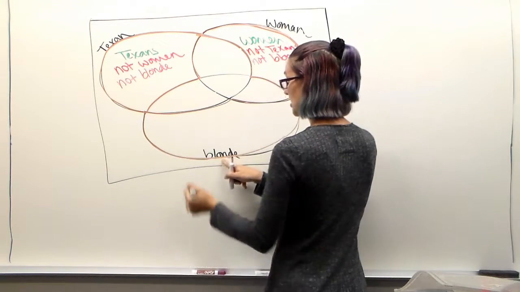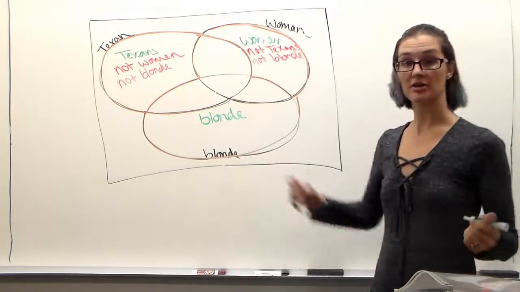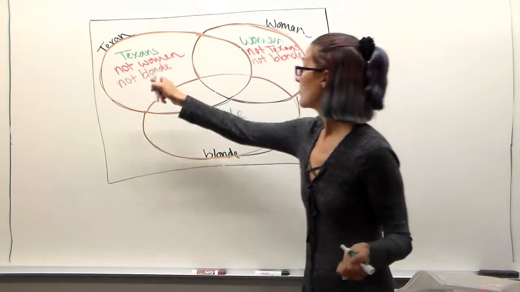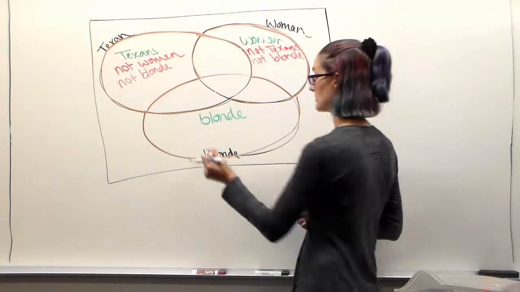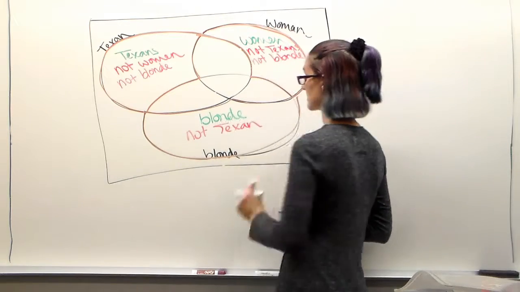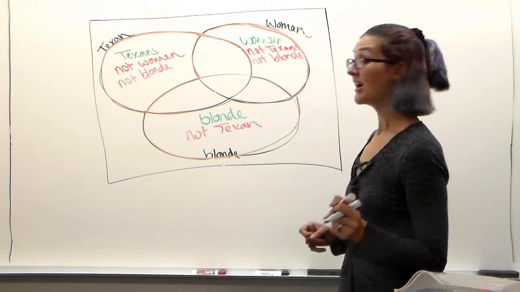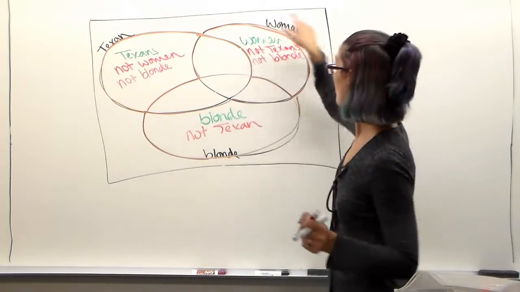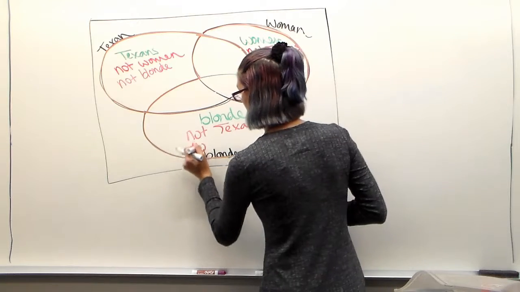Here, I know they're blonde because it's part of that circle. But are they inside the Texas circle? No. They are not Texan. Are they a woman? No, they're not. All women are in this circle, so that's not in this circle, it's not a woman.